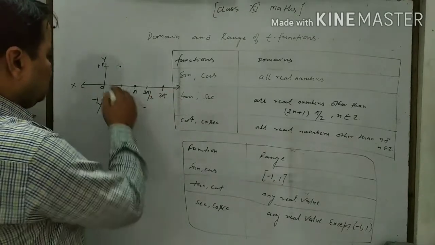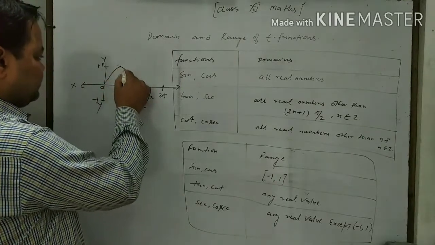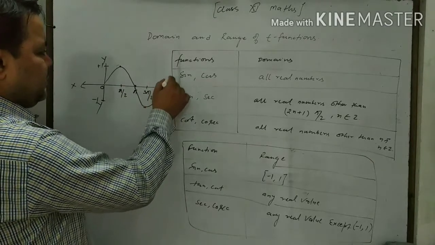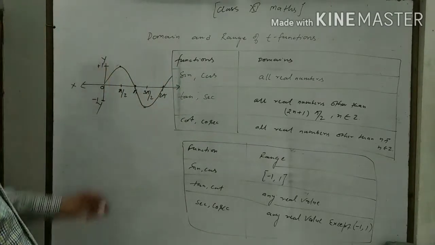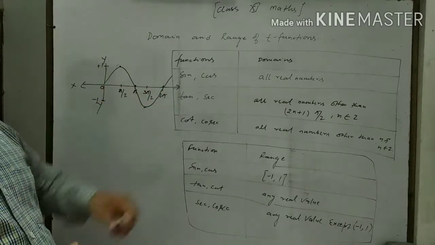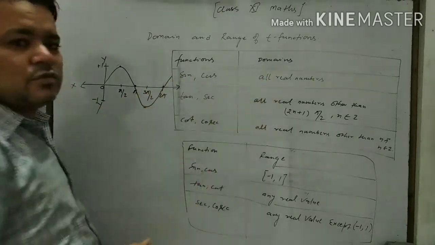Now if we join the dots, it will be like this, and again like this. It means the graph of sine will be like this. Similarly this side also and again this side also.